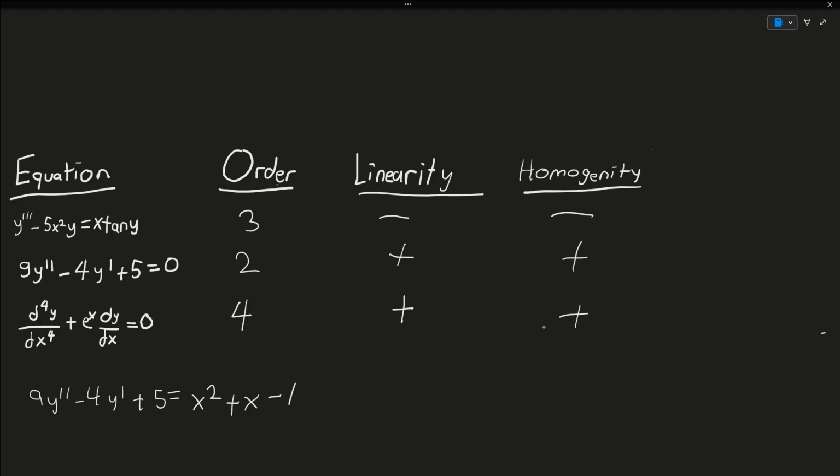Well, the order is going to be the same, the linearity is going to be the same, but the homogeneity will be minus for this one because these terms are causing it to be non-homogeneous. Even if we try to move this to the left-hand side, it would ultimately fail because we are not multiplying this with a y function. Therefore, this is a non-homogeneous differential equation.